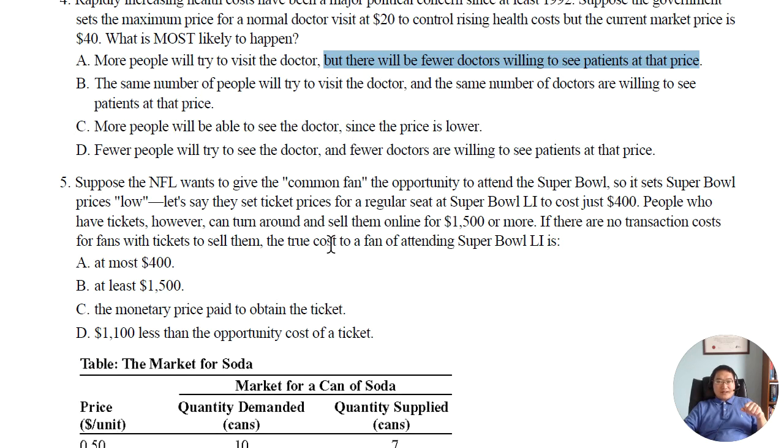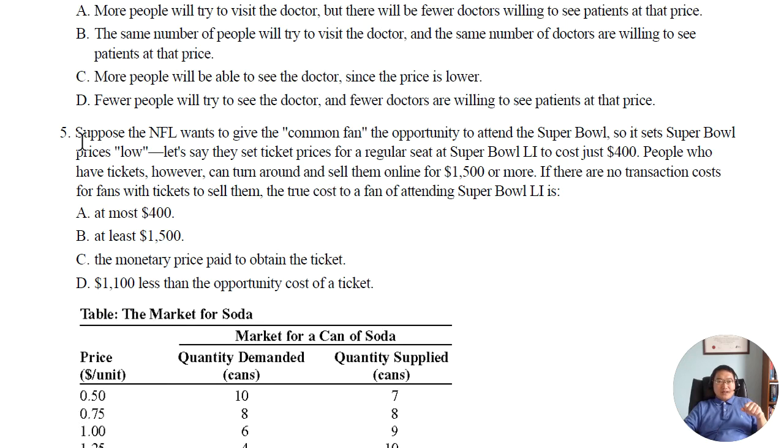All right, let's look at question 5. Suppose the NFL wants to give the common fan the opportunity to attend the Super Bowl, so it sets the Super Bowl price low. Let's say they set the ticket price for a regular seat at Super Bowl 51 to cost just $400. $400 is still a lot.